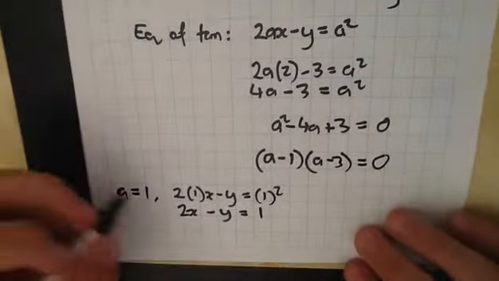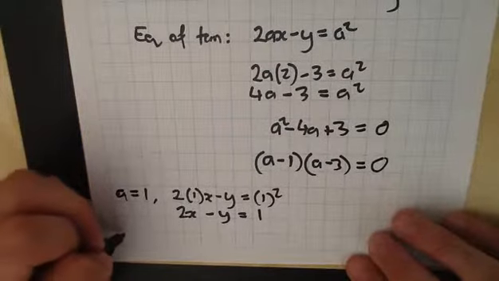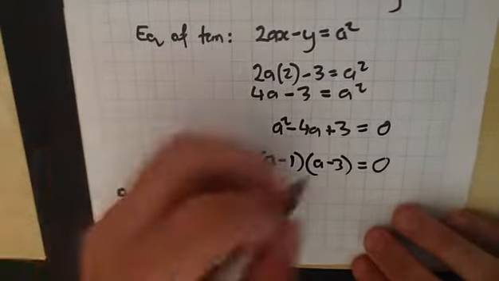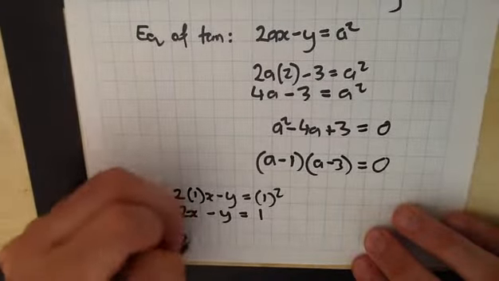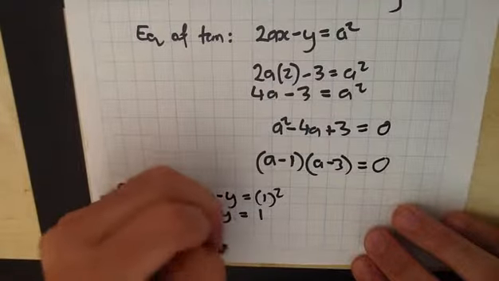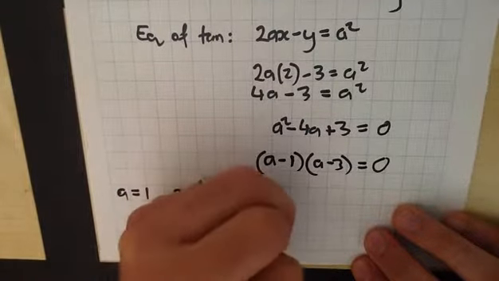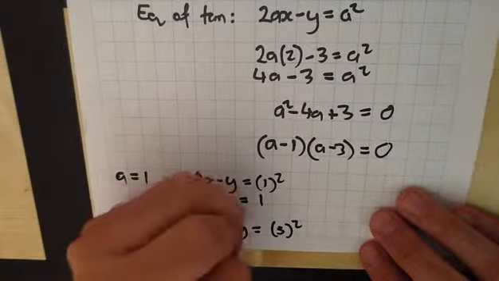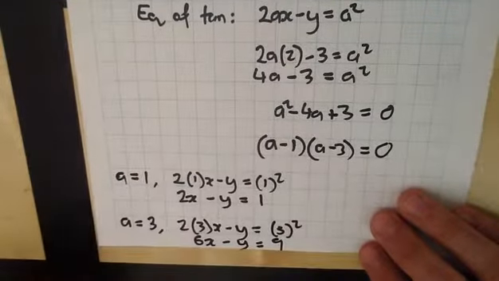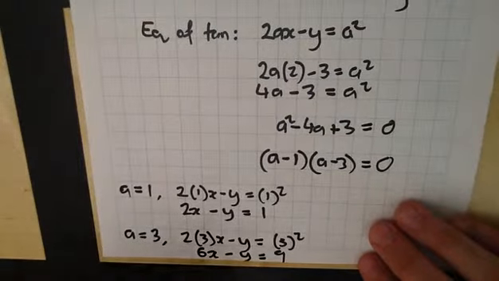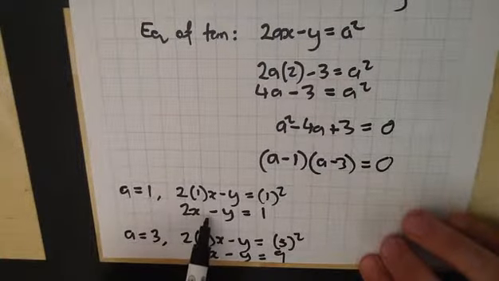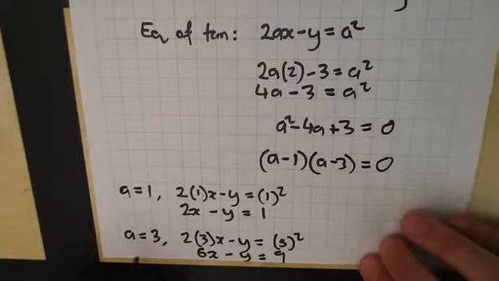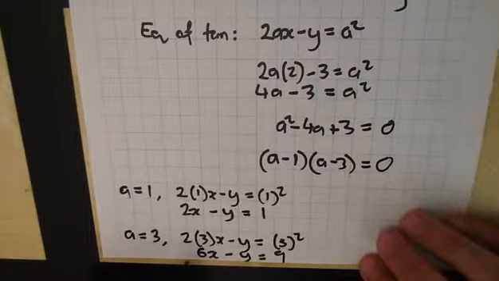When a is 3, it's going to be 2 times 3x take y is equal to 3 squared. That's going to be 6x take y is equal to 9. So when a is 1, this is the equation of the tangent, and when a is 3, this is the equation of the tangent.